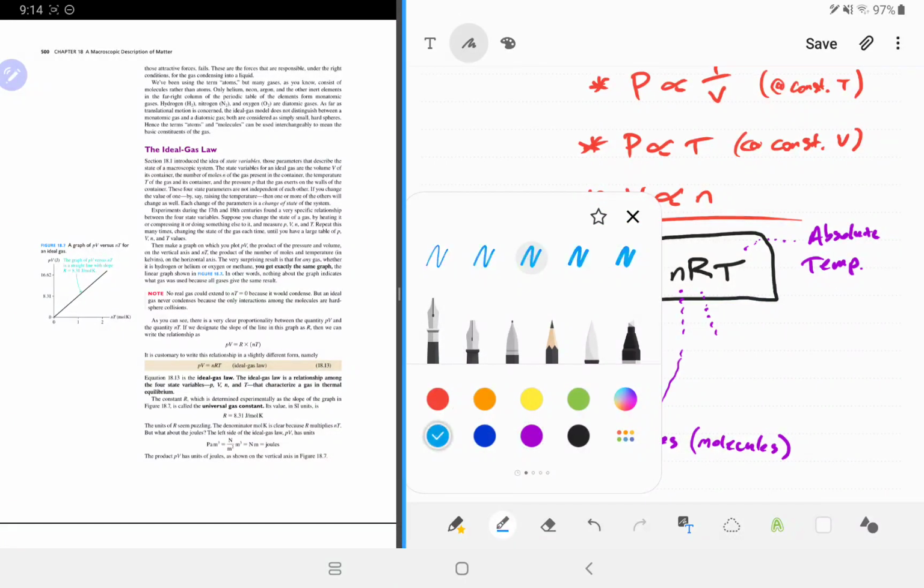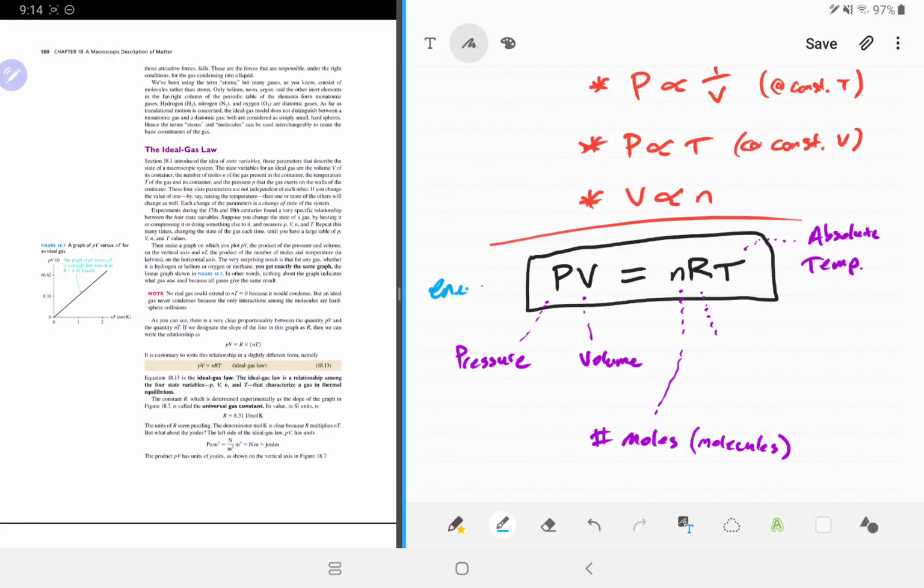So all of these are energies. P times V, if you plug in pascals times cubic meters, that's the SI unit for energy. That'll be joules. So as long as you're working in SI units, you're going to have a number of joules equal to a number of joules. And in SI units, R is 8.31. It's a funky 3. 8.31 joules is what you're left with on the top.